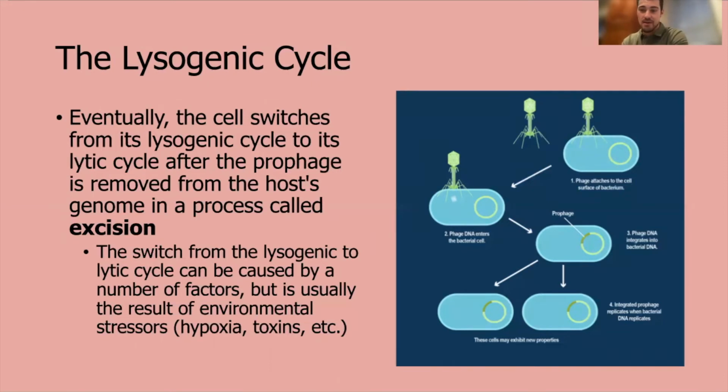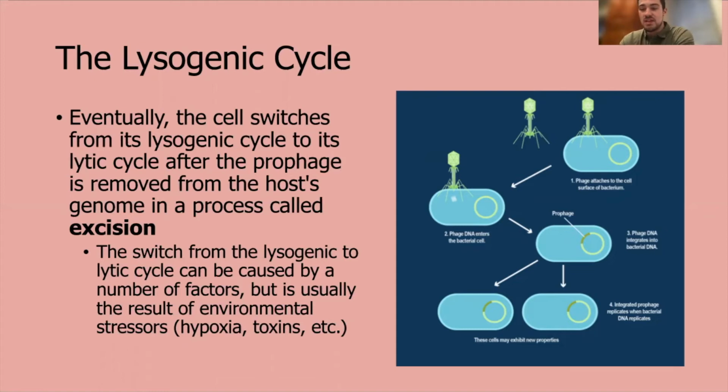If you look to the right, I put a diagram. That's the bacteriophage. It gives you a good illustration of how the prophage is integrated into that circular bacterial genome. The phage attaches to the cell, and phage DNA enters the bacterial cell, like we said before.